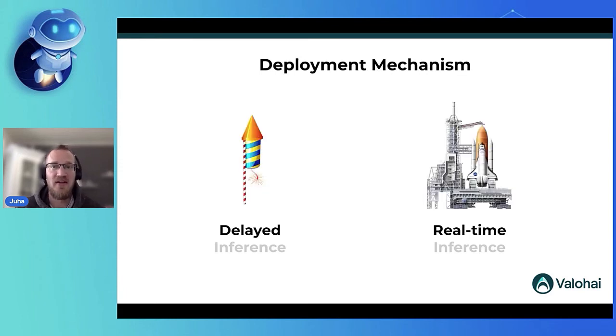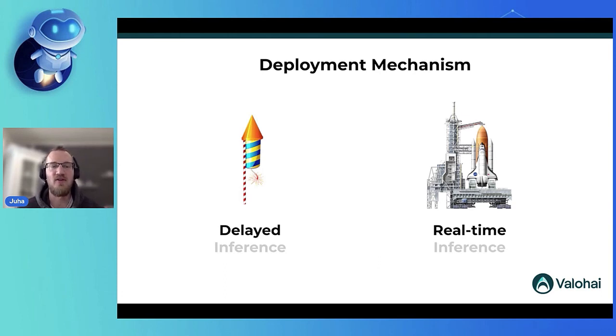The deployment mechanism is mostly more complicated for real time. You need to build some kind of image, and you need to deploy it to an auto-scaling cluster, and you need to have shadow deployments or canary deployments or all those fancy shiny things.